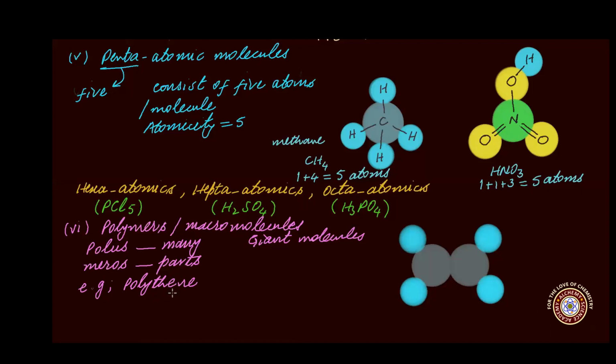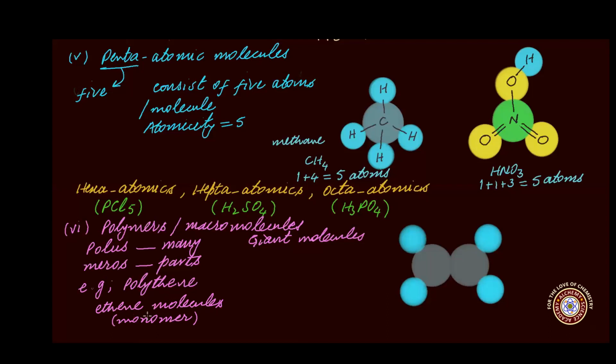In the formation of polythene, n number of ethene molecules are repeatedly linked up together to form a long chain of the molecule. Such simple molecules which are repeatedly linked up to form polymers are called monomers.